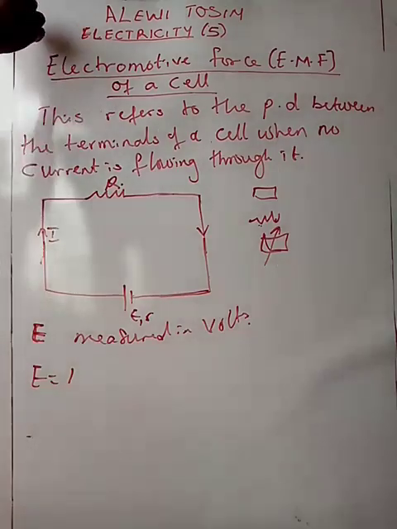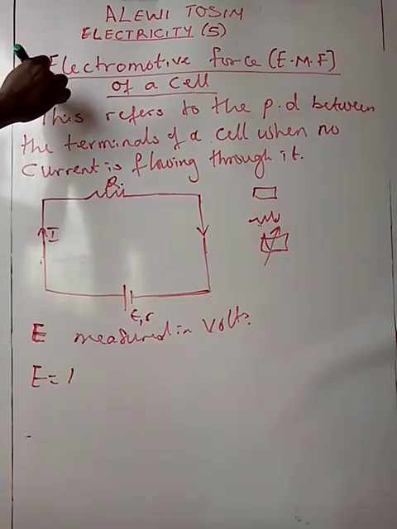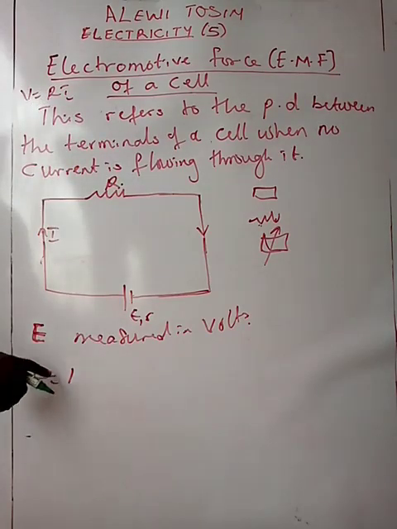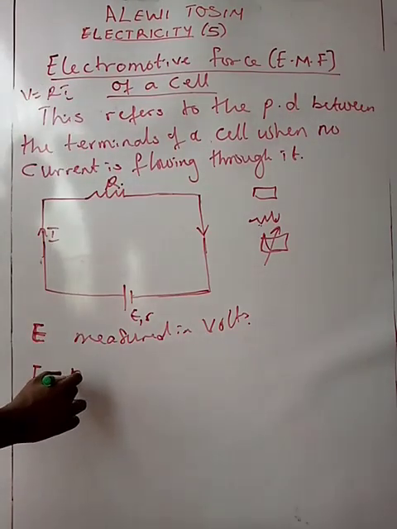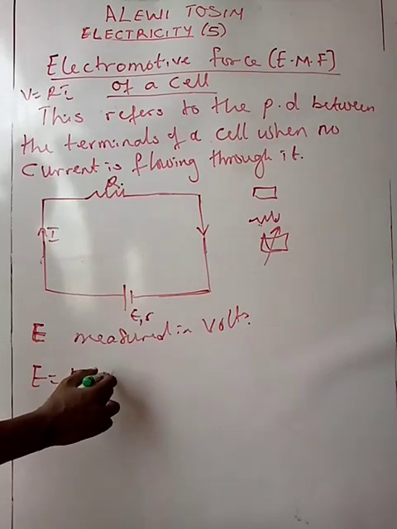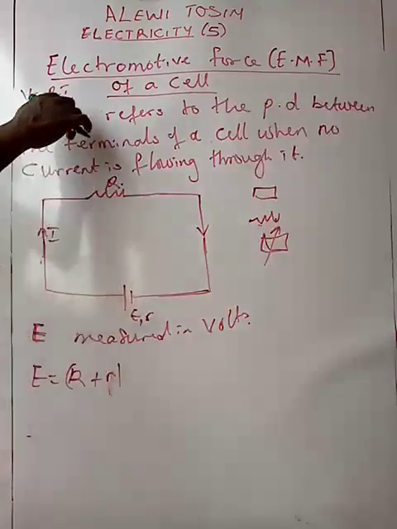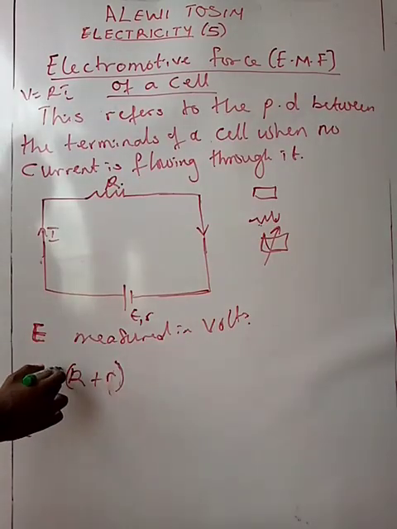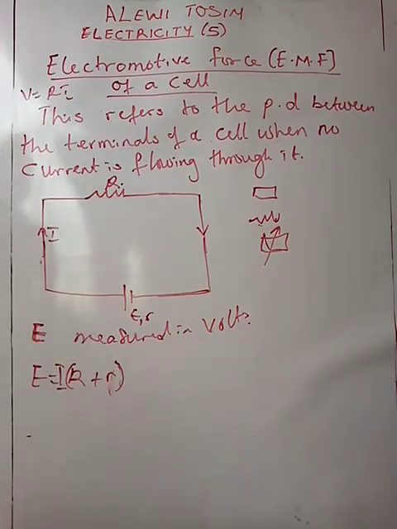From V equals Ri, our V here is the electromotive force. Our R now, we are having two R's here, which are the external resistor and the internal resistance. And you have I, this is the current.